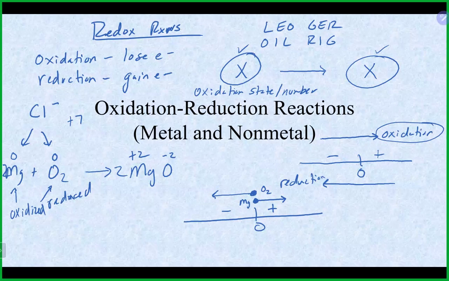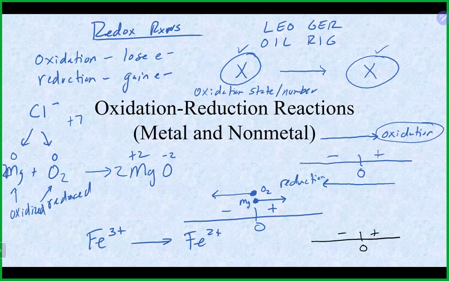Now, you could also use this, for example, if I had iron with a +3 on the left-hand side, and it goes to iron with a +2. Is this iron being oxidized or reduced? Again, we can very easily use our number line to help us. The oxidation state on any ion is the same as its charge, so this would have a +3.